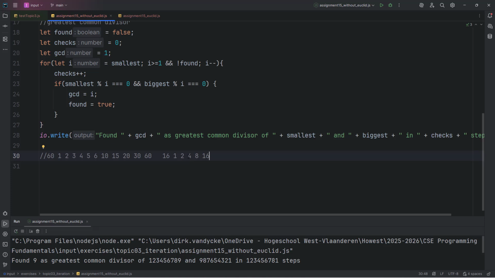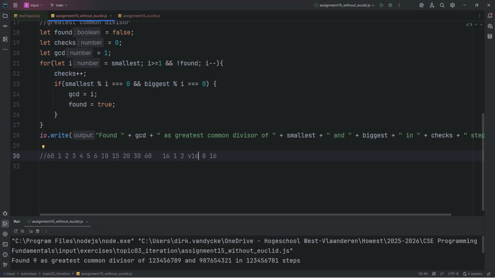And what you see is that 4 is in this special place, because 4 times 4 is 16. So I only have to go to the square root of 16. So I will take it to the square root of 60 to find half the divisors.